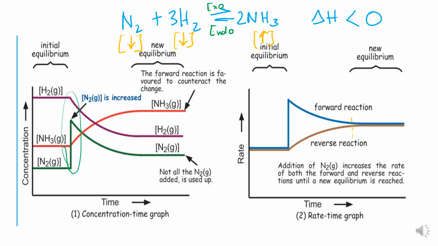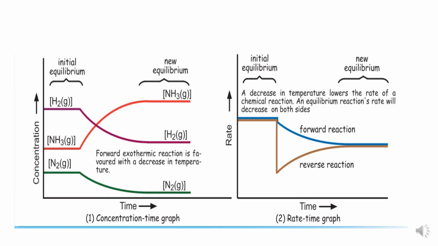What about the same reaction when the temperature is changed? One thing you'll notice is that with the temperature change, there is a gradual change in all the concentrations. There isn't any spike or sharp increase or decrease, right? So you will see here that there's a gradual change.